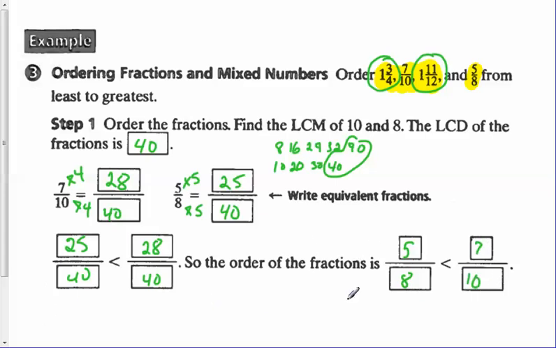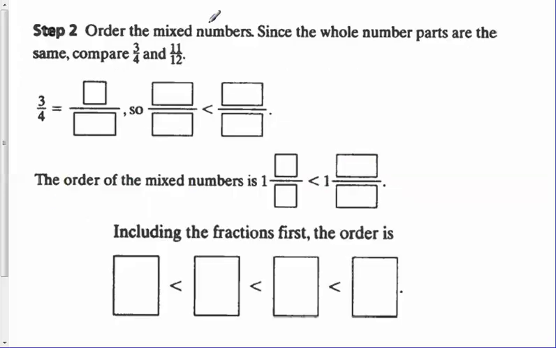So now we have two of those fractions in order, but let's now compare our fractions that have mixed numbers. So ordering the mixed number ones, we do the same thing since they have the same whole numbers. So 3/4 and 11/12. Well, I know that 4 can be multiplied by 3 to get to 12, so I can just leave 12 as is.